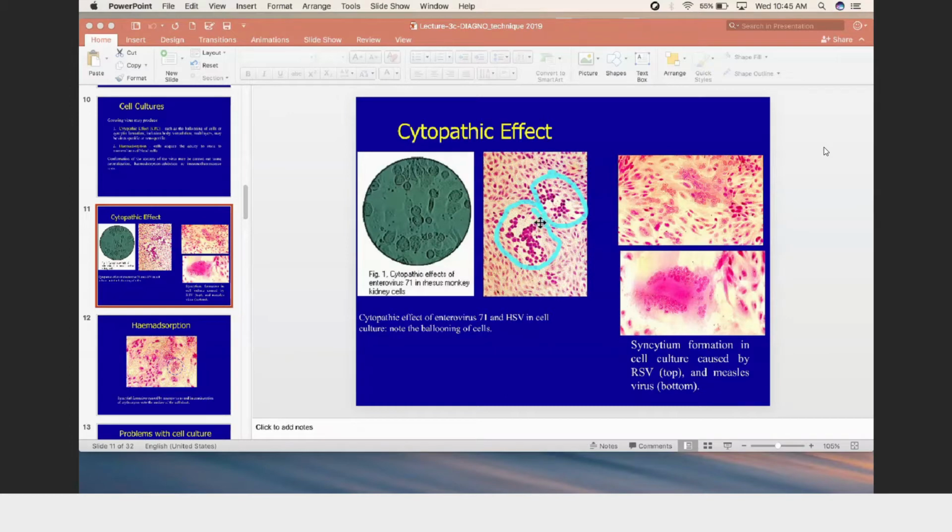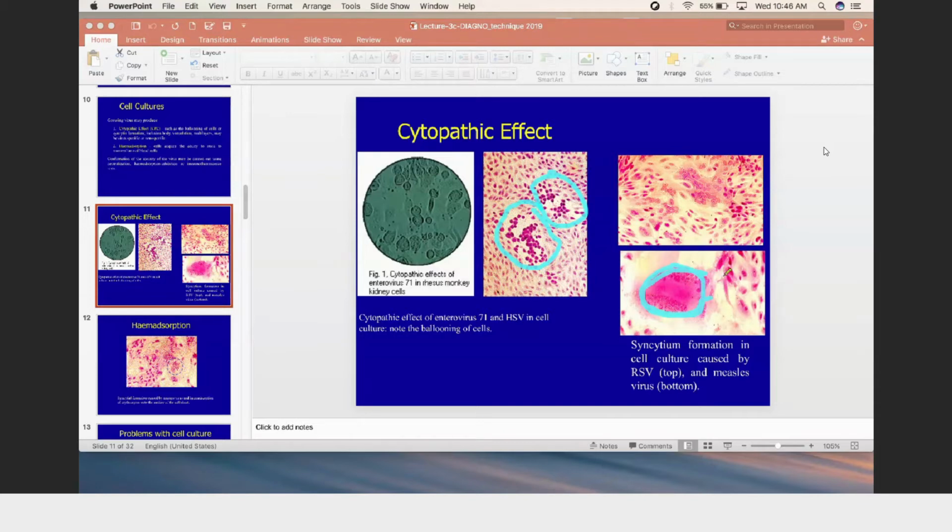You can see the cells here are ballooning, becoming rounded and inclined to detach from the plastic membrane, the floor, or where the cells used to attach. This actually is the syncytia, okay, big-looking cells, but actually it is following the fusion of several cells together into one.